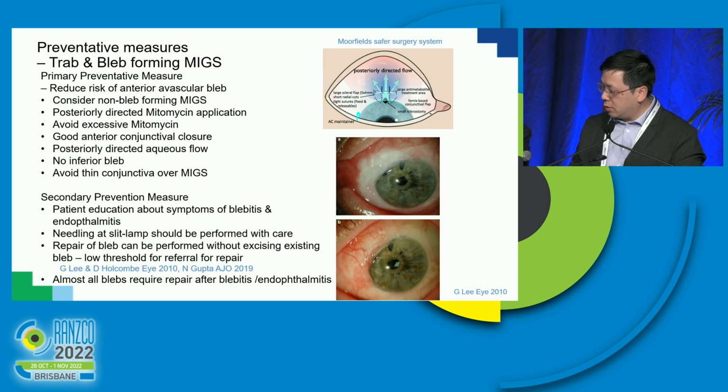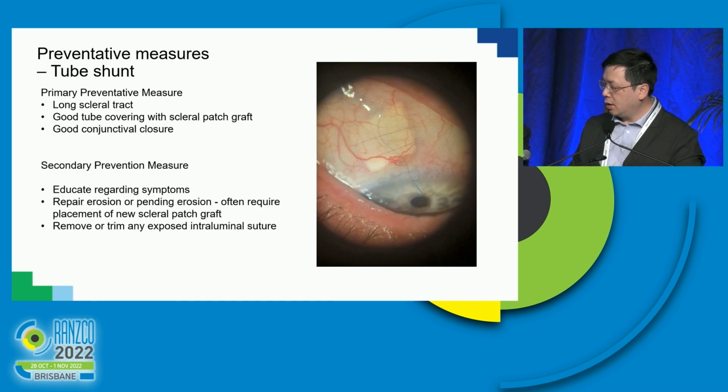And if a bleb appears to be at risk of developing leakage, or it is a sweating bleb, it is better to repair it, and there are good ways of repairing blebs without necessarily causing a lot of trauma to the conjunctiva. In terms of tube shunts, similarly, surgical technique-wise: long scleral tracts, good covering of the tube with scleral patch or Tutoplast, and good conjunctival closure.